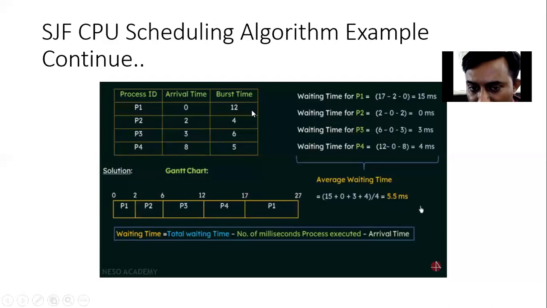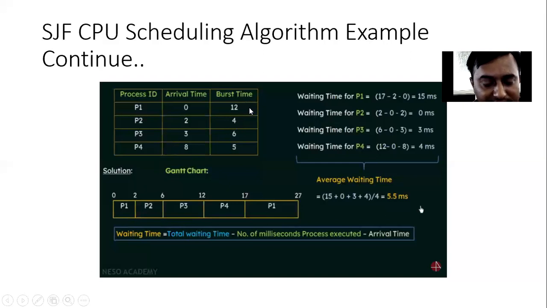So the value 10 we will consider for further calculation instead of 12, because we have already executed P1 for 2 units of time. So these things you need to keep in your mind. Now, once we have the second choice, in that case we will compare the burst time of the newly arrived process with the burst time of the already existing process.